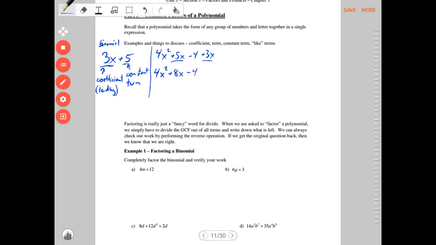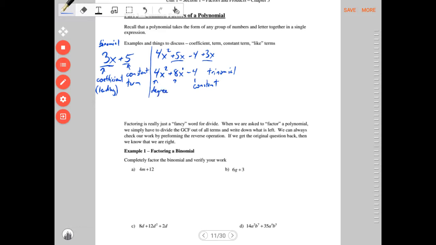Now there are only 3 terms, so this is called a trinomial. The 4 is the constant term, with no variable on it. The 8 is a coefficient. The 4 is a coefficient. So those words still apply. Now, see how the 4 is on an x squared, and the 8 is on an x to the 1. The highest exponent is x squared, so this is called the degree term.